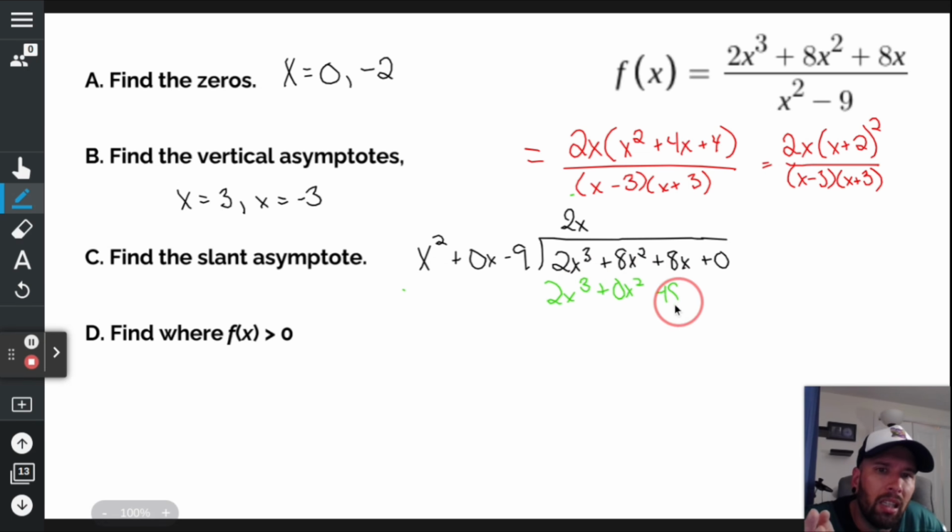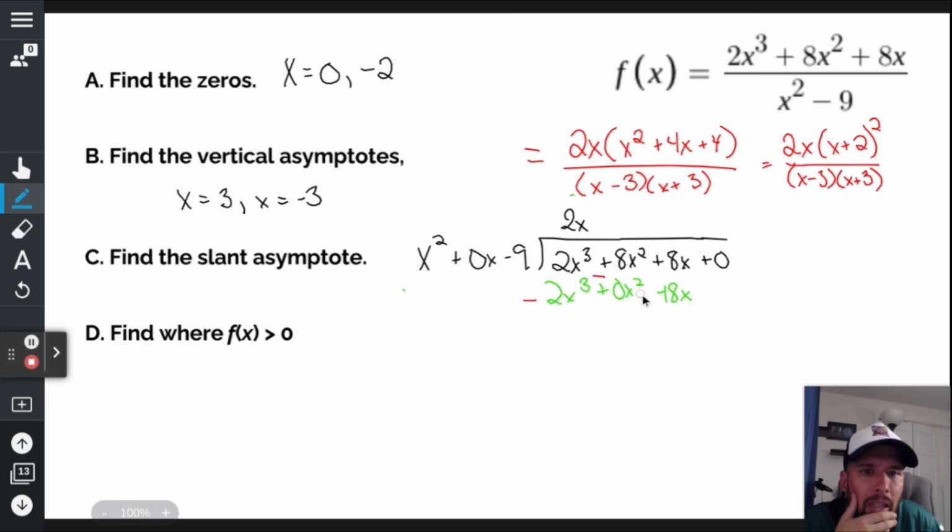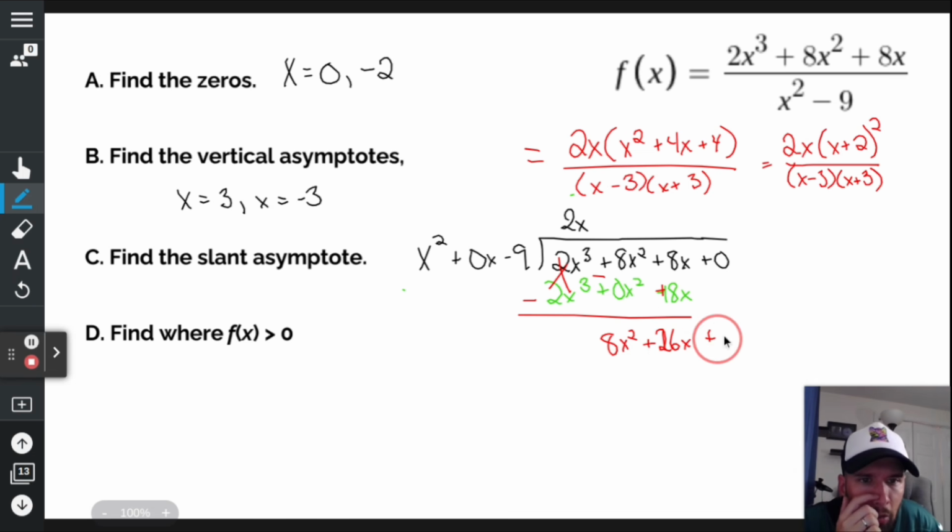Minus 18x. Okay, flip the signs. Minus, minus, plus. You go away. You become 8x squared. You become, that is a minus, so it became a plus. I was just making sure I did it right. 26x, not that it matters, plus 0. x squared times what gives you 8x squared?